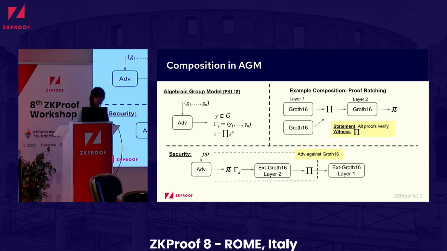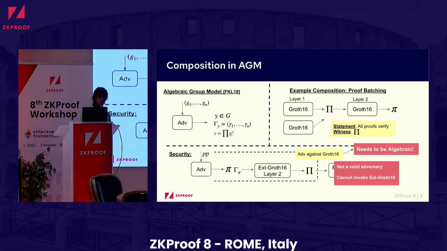Now ideally we would define this as an adversary against the layer 1 of CRUD16, and then potentially invoke the extractor again to extract the initial inputs. However, this adversary needs to be algebraic, and the adversary that we define is not a valid one.